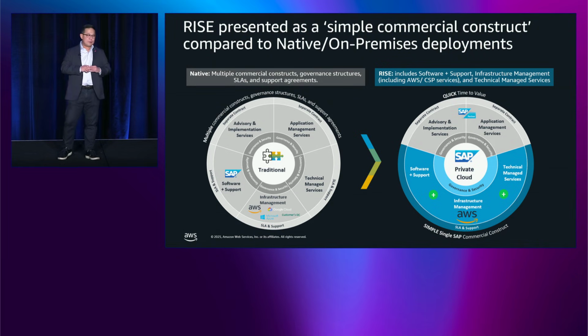So think of it really as a SAP cloud platform delivered as a managed service. As customers look into moving to SAP Rise, it comes with infrastructure management, software support, and also technical managed service.